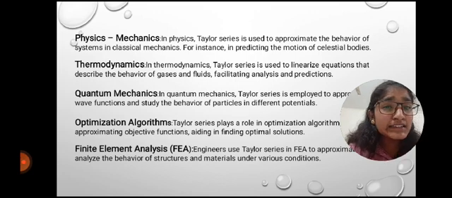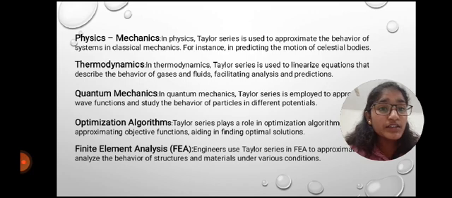In classical mechanics, it helps in predicting the motion of bodies. Next one is thermodynamics. In thermodynamics, the Taylor series is used to linearize the equations that describe the behavior of gases and fluids, facilitating analysis and predictions.